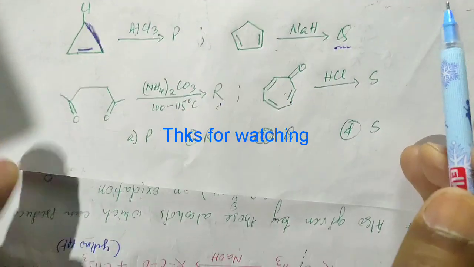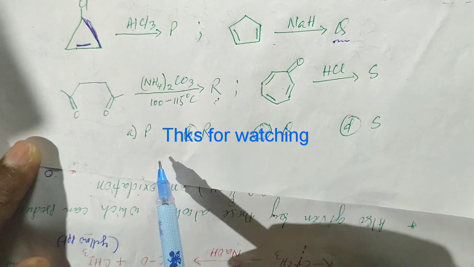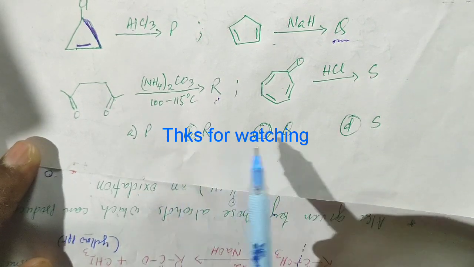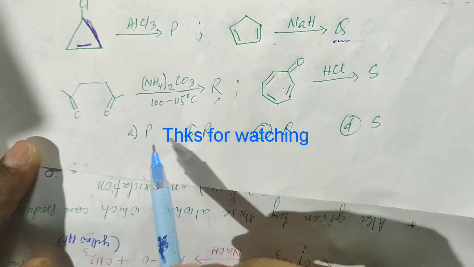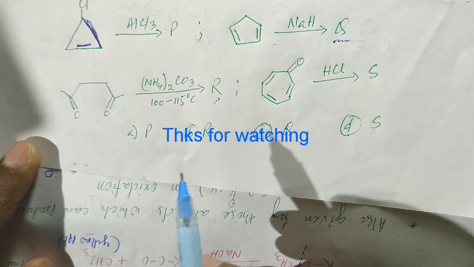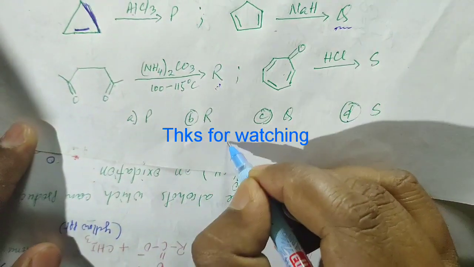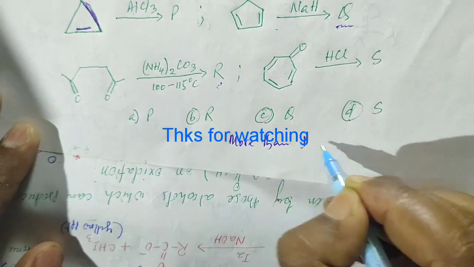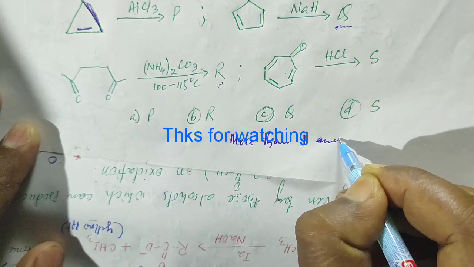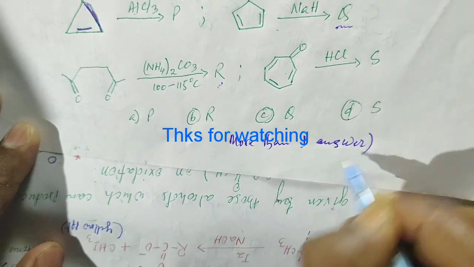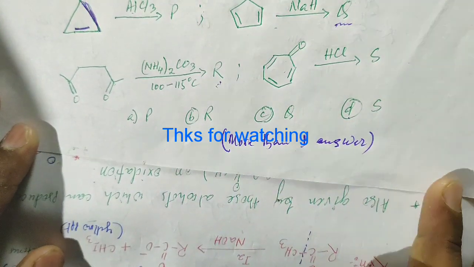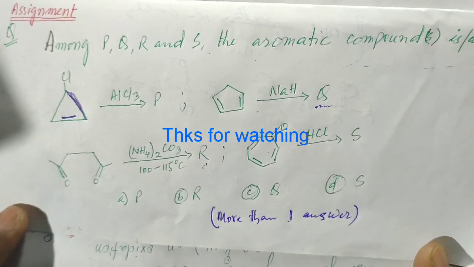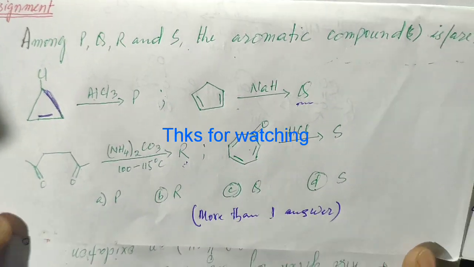This is the question. So we need to choose from these options A, B, C, D, and it can have more than one answer. Please make sure you do this question properly.